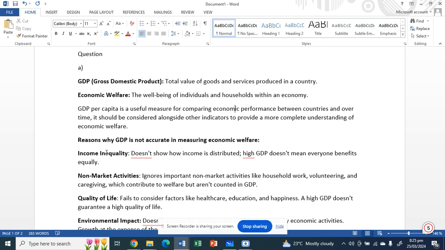Second one is non-market activities. Basically, these are the activities which you do at home, like household work, volunteering, and caregiving. Let's say you've got a business selling food at your house, that won't be included in the GDP.